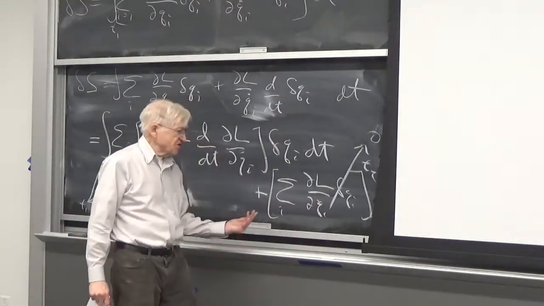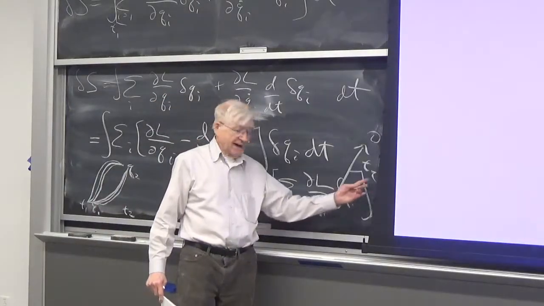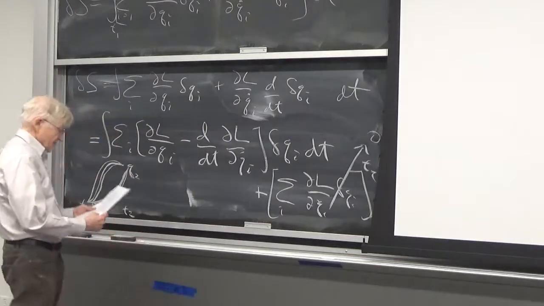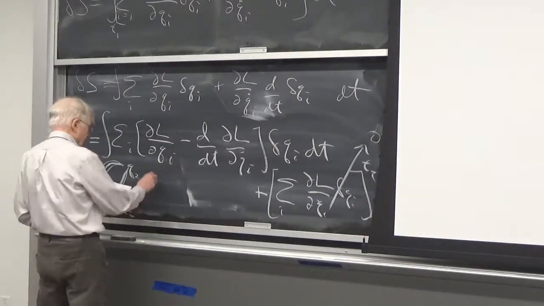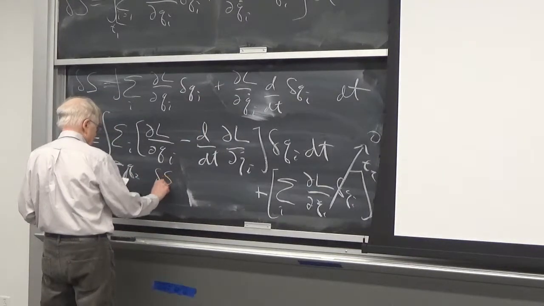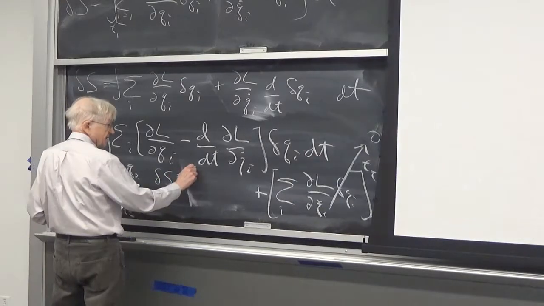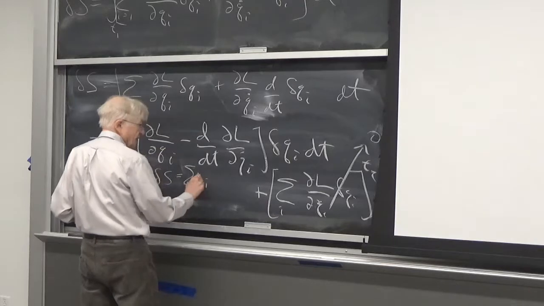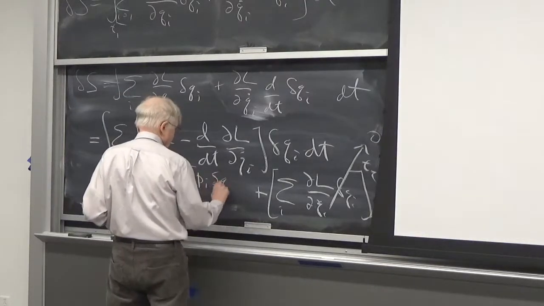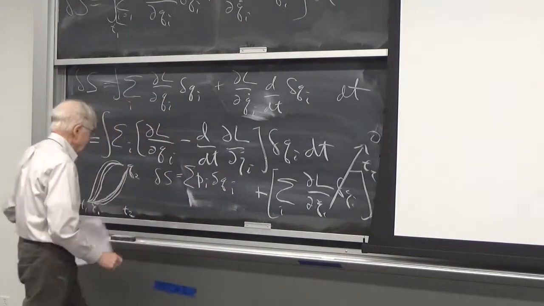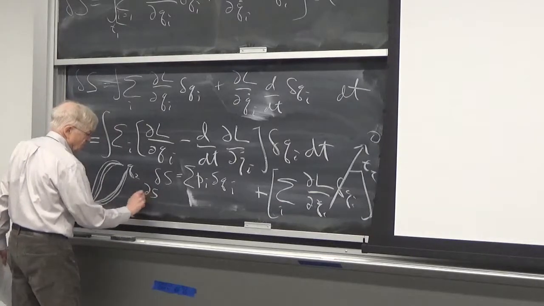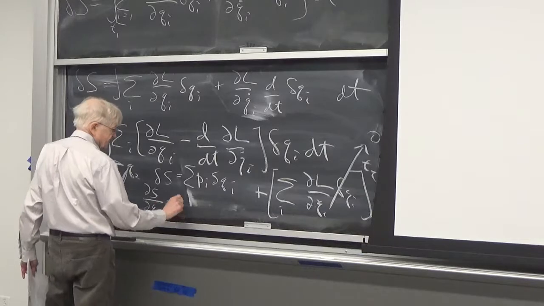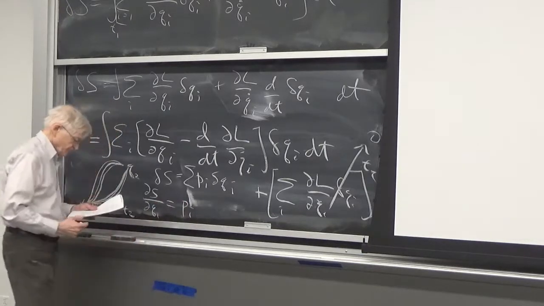So if we just change the q at the end points, then we get that the change in S is a sum. These are pi's, and these are change in qi's. And so we get the equation that partial of the action with respect to qi is pi.